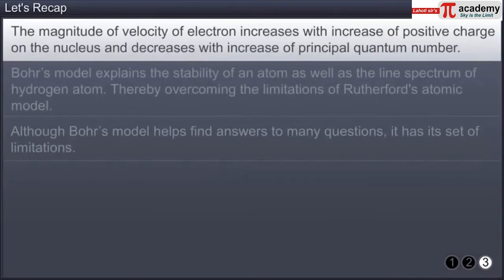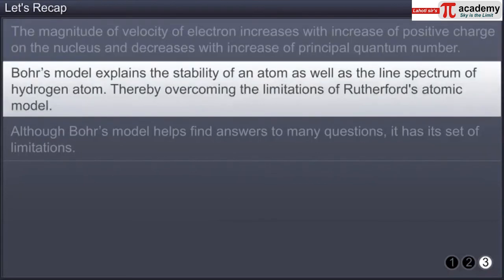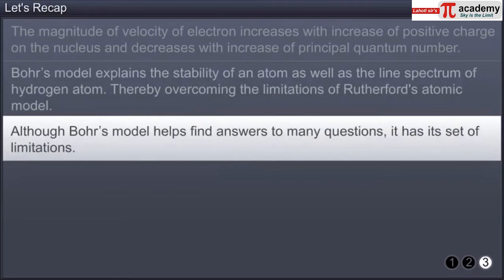The magnitude of velocity of electron increases with increase of positive charge on the nucleus and decreases with increase of principal quantum number. Bohr's model explains the stability of an atom as well as the line spectrum of hydrogen atom, thereby overcoming the limitation of Rutherford's atomic model. Although Bohr's model helps find answers to many questions, it has its set of limitations.